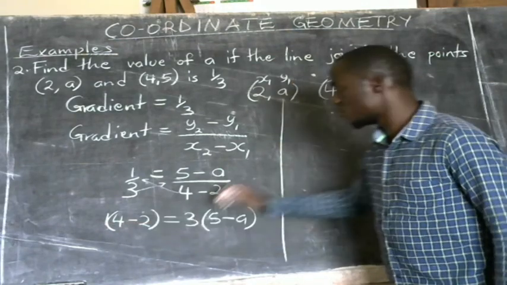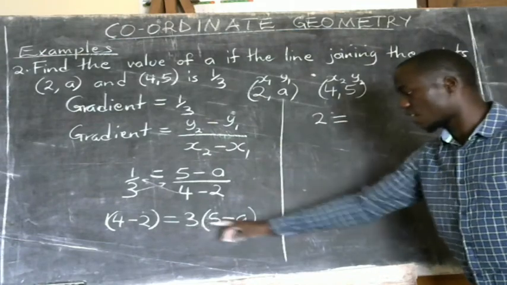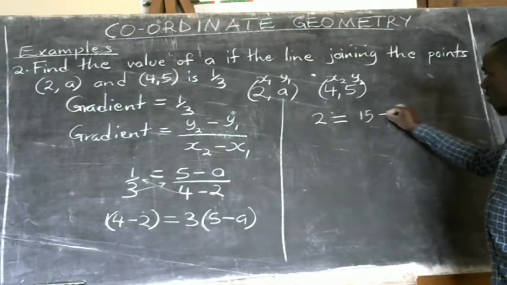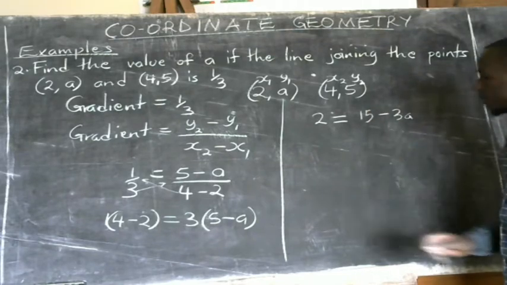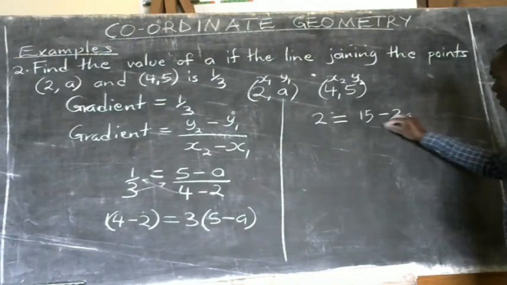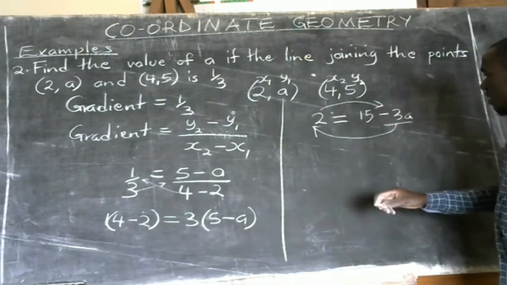So 1 times anything is that anything. 4 minus 2, I'm having a 2 there, is equal to this side, when I open the bracket, I'm having 15 minus the 3a. Then I take the negative 3a the other side, and I bring the 2 this side here.